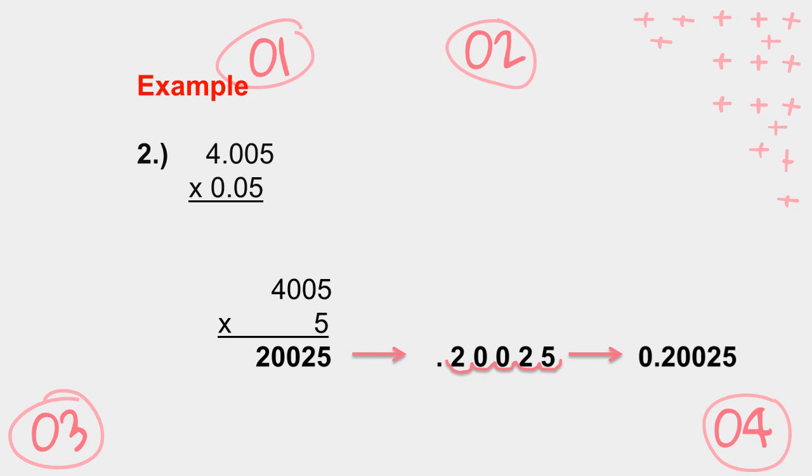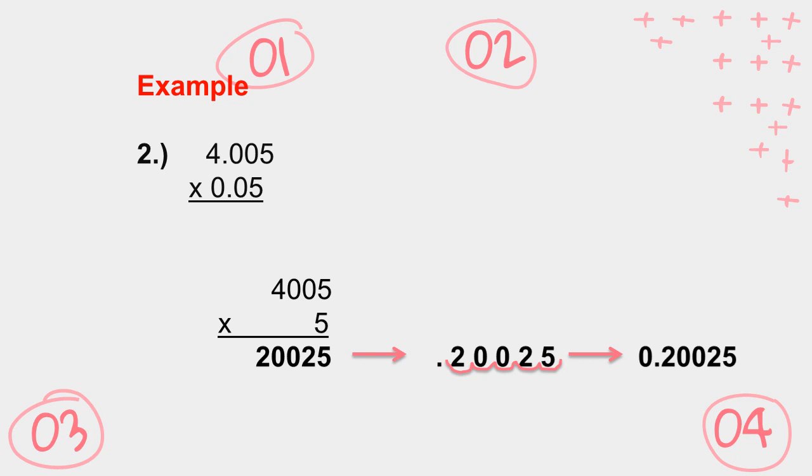So magiging 4,005 times 5 na lang po siya ngayon. So 5 times 5 is 25. Carry 2. 5 times 0 is 0, plus 2 is 2. 5 times 0 is 0. 5 times 4 is 20.